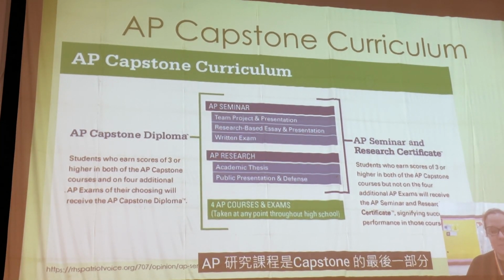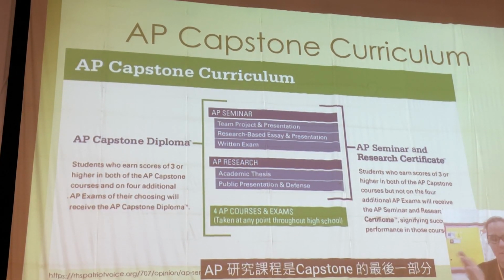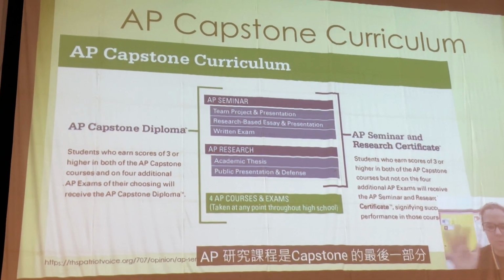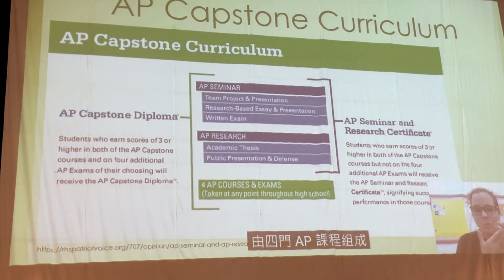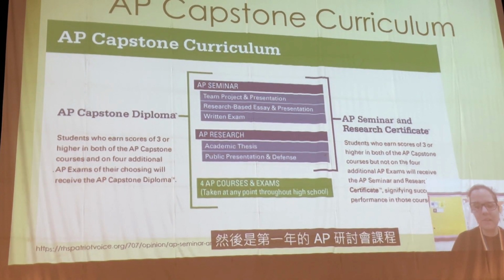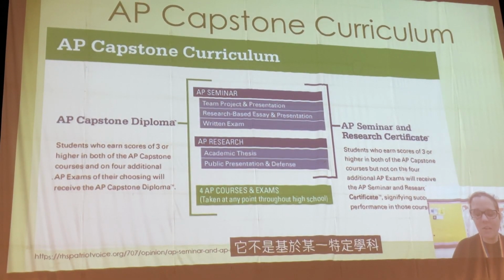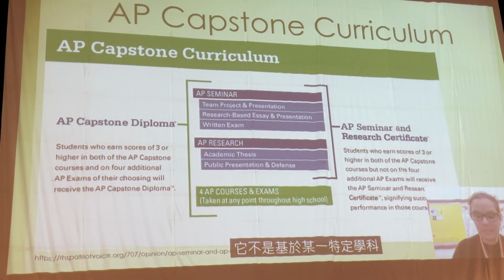The AP Research program is the capstone, the final part of what's called the AP Capstone program, made up of 2 AP courses, with the AP Seminar program being the first year. It is not based on one specific discipline.